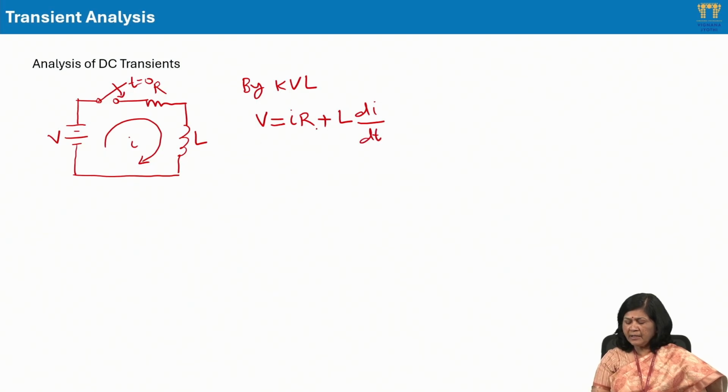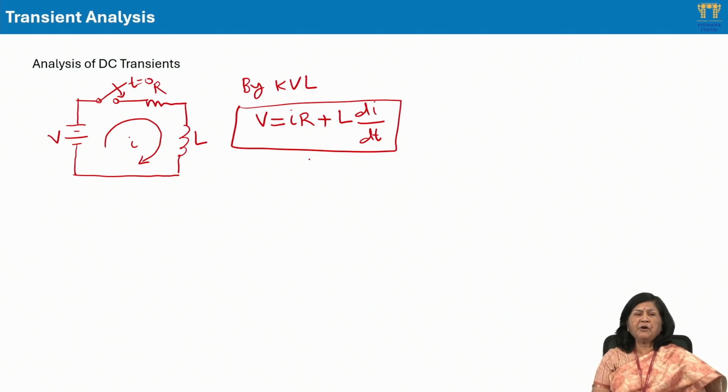So we get a first order differential equation. This will give us the understanding of how much is the transient current in the circuit.